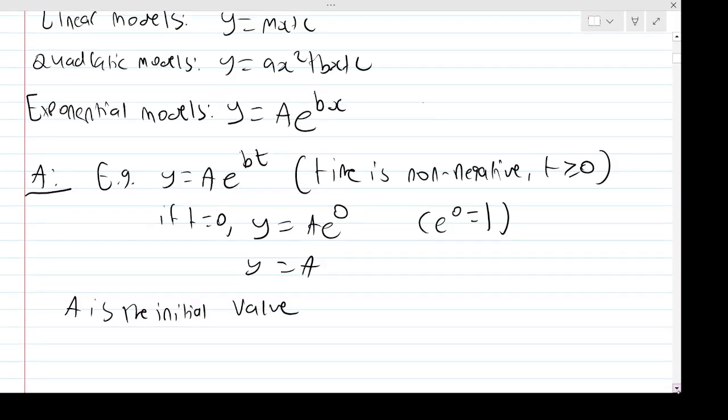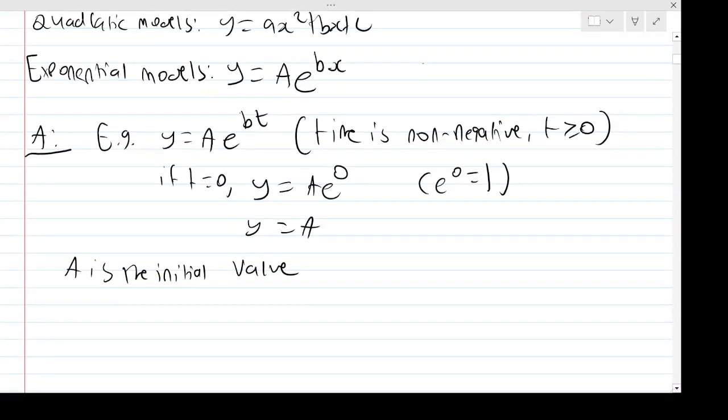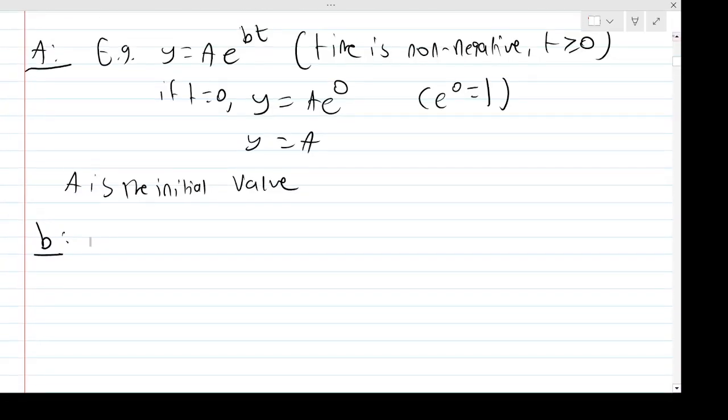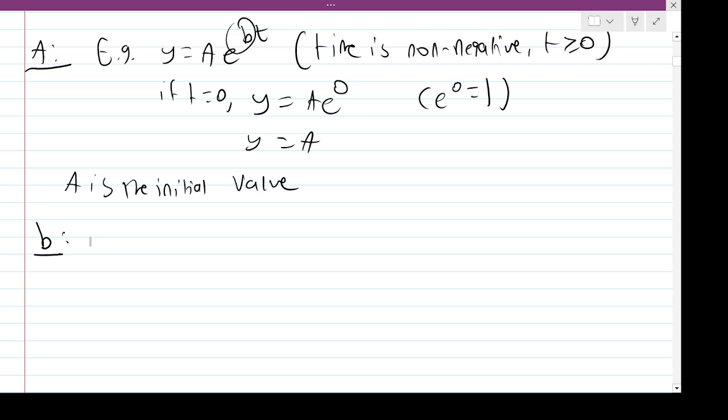Okay. Now, what about this b then? To see what the value of b represents, what's so significant about it, I'm going to pick two examples. So for example, I'm going to take e to the 10t, and it's quite hard to see what the b represents as it is, right?